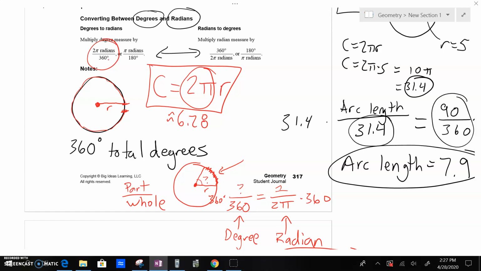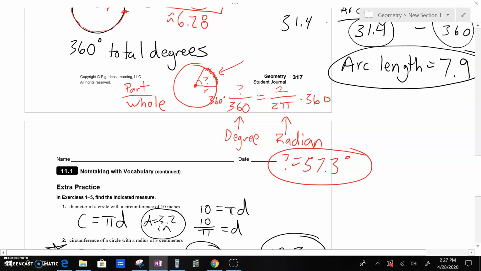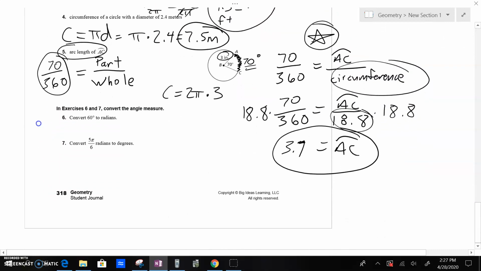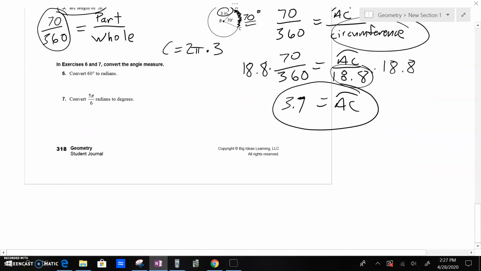And I think an easier way to think about these, and I'm going to propose you solve it this way, is to just keep along with this part divided by whole situation. And I'll show you what I mean by that. So let's do our 2 examples they gave us. Convert 60 degrees to radians. What I like about the part divided by whole is I've already been using it, and I don't need a special equation.